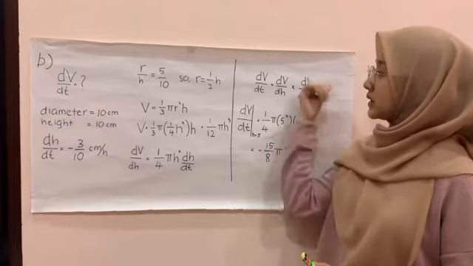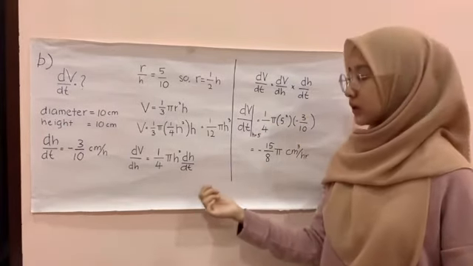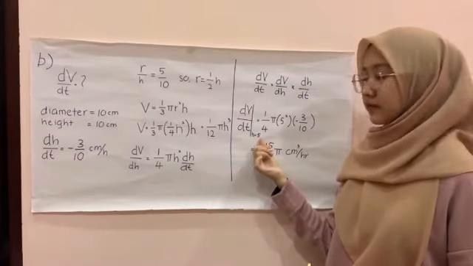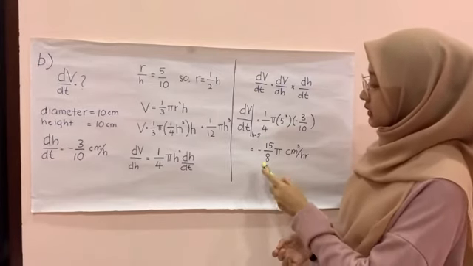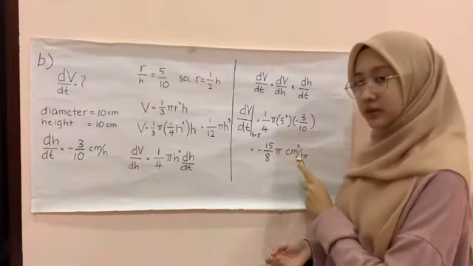By using this formula, we can substitute all the information that we got to get the value of dV over dt when h is 5 cm. So as the conclusion, the answer is negative 15 over 8 pi cm cubed per hour.